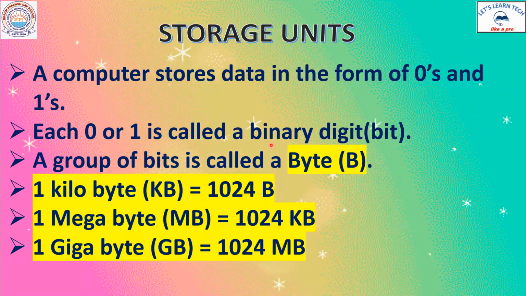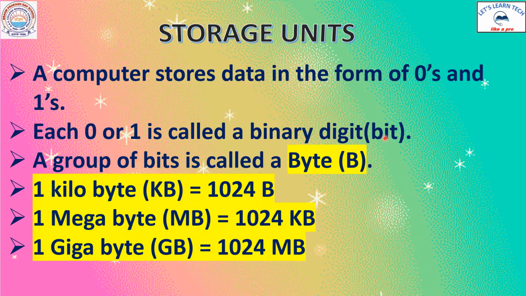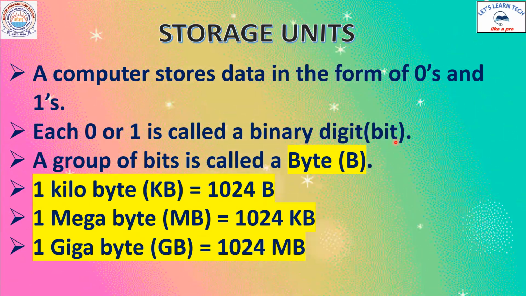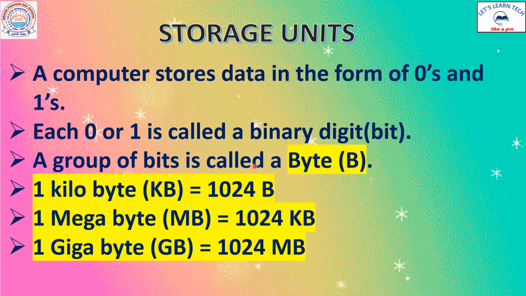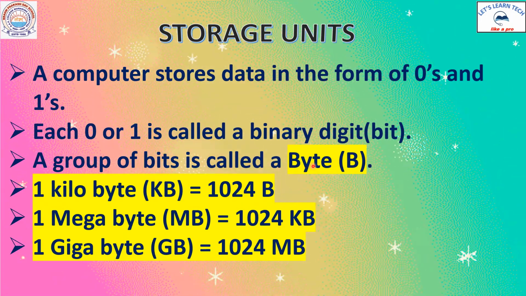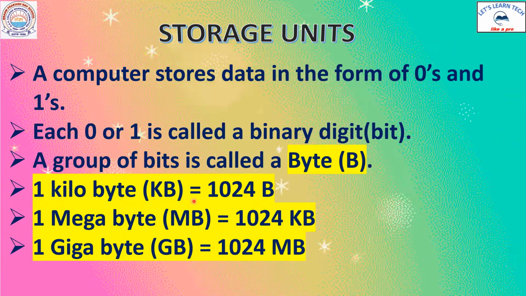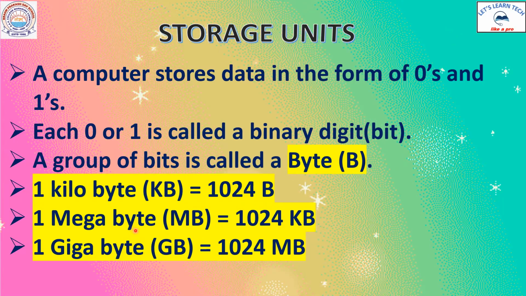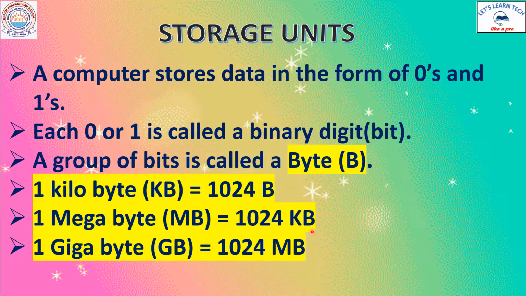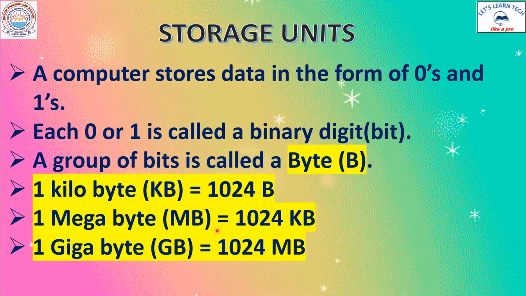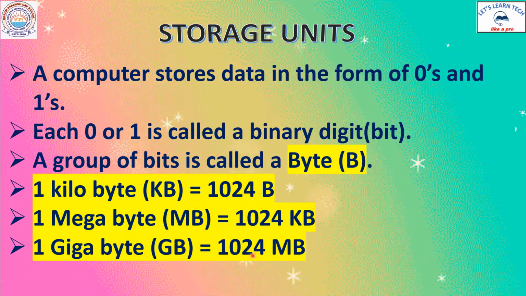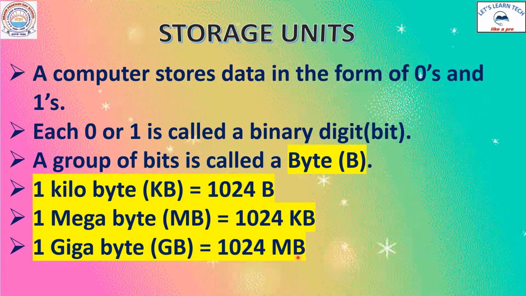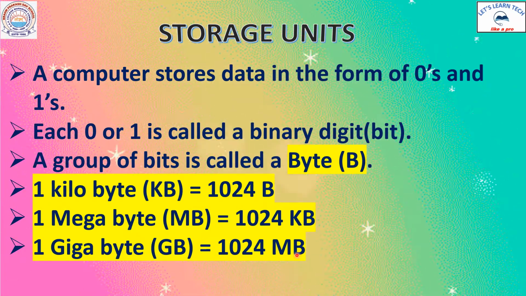These are called binary digits or a bit. Either 1 or 0 is called a bit. A group of bits is called a byte, and 1 kilobyte is equal to 1024 bytes. 1 megabyte is equal to 1024 kilobytes, and 1 gigabyte is equal to 1024 megabytes. These are all the storage units of the memory.